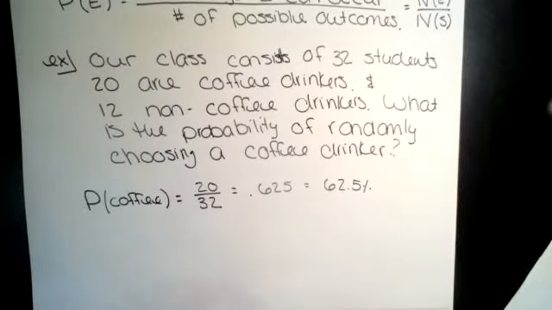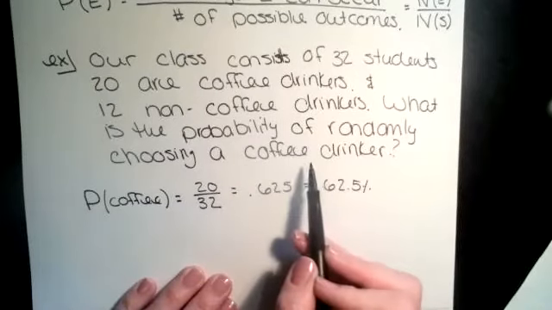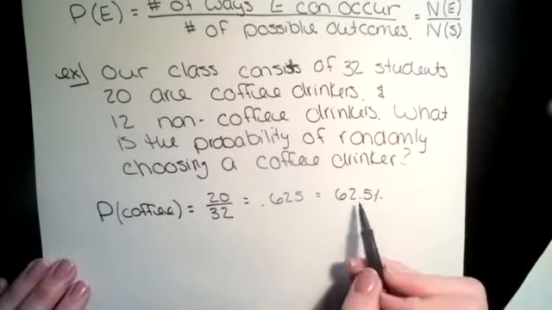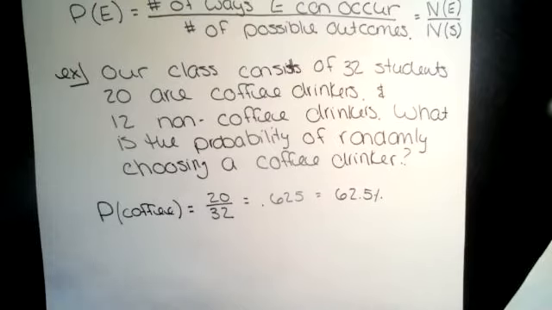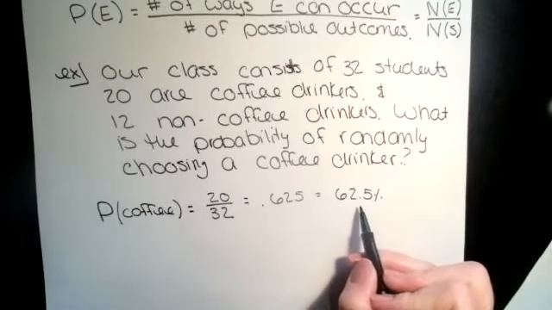Okay, so here we could just say, I have a 62.5% chance of randomly selecting a coffee drinker out of our class right now. Like if I ask someone to help me with a question, right? When we're interpreting an answer or writing an answer in layman's terms, in terms that anyone can understand, someone that's not in stats class, really the percentage is the way to go.